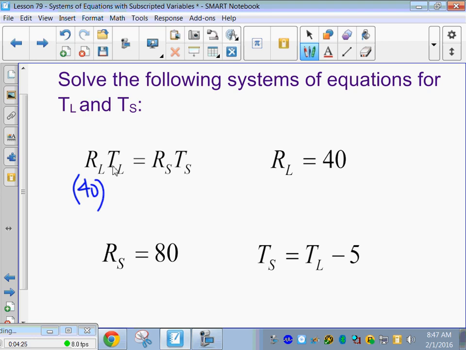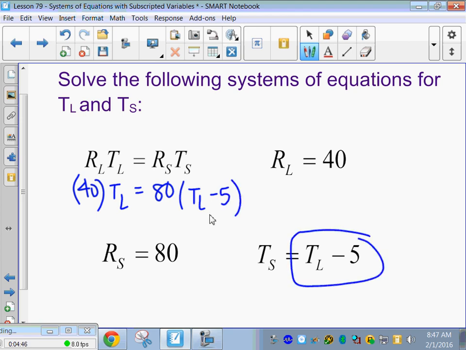Okay, Drew, is there anything to plug in for TL? No, we don't have TL by itself. Okay, Julia, what should I plug in for RS? 80, good. And TS, Lucas, what should I plug in? TL. Very good, TL minus 5. This entire thing gets substituted in for TS.